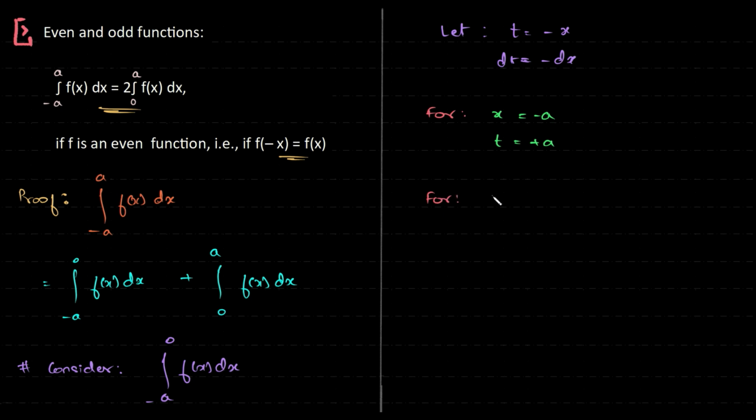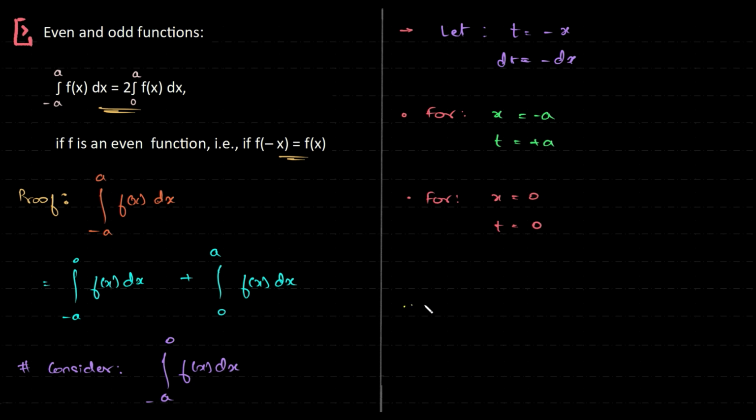And for x is equal to 0, t is equal to 0 again. I was looking at the wrong expression, my bad. I was looking at the original expression, right?